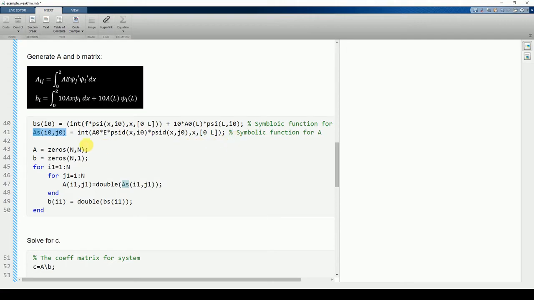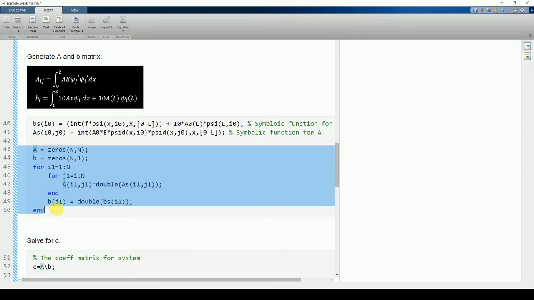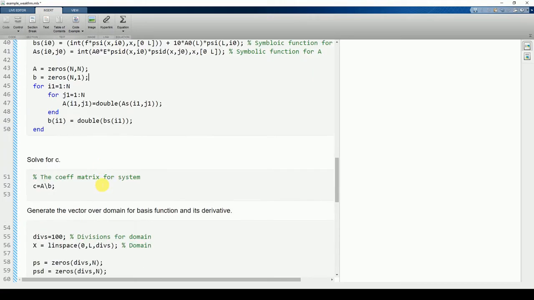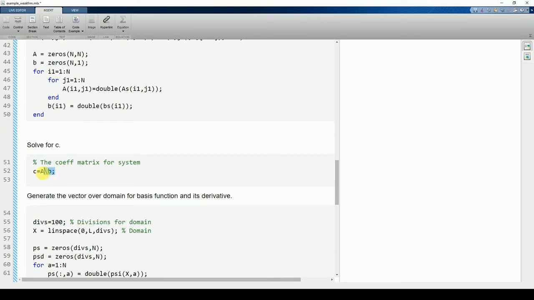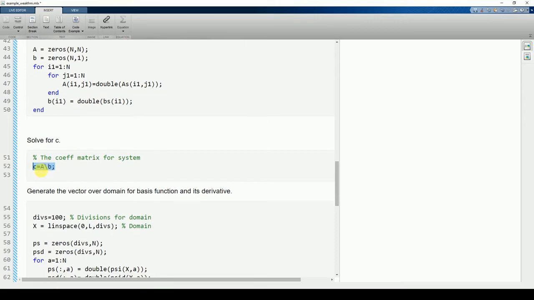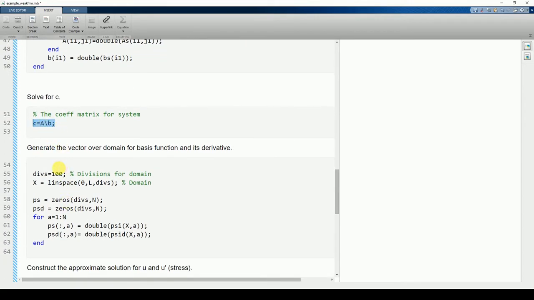So in this part of the code, we convert it into A and B matrices or vectors by running it inside the loop from i equals 1 to n and j equals 1 to n, assigning each element one by one. And then we solve this set of linear equations using this line of code, and then we try to plot the results.